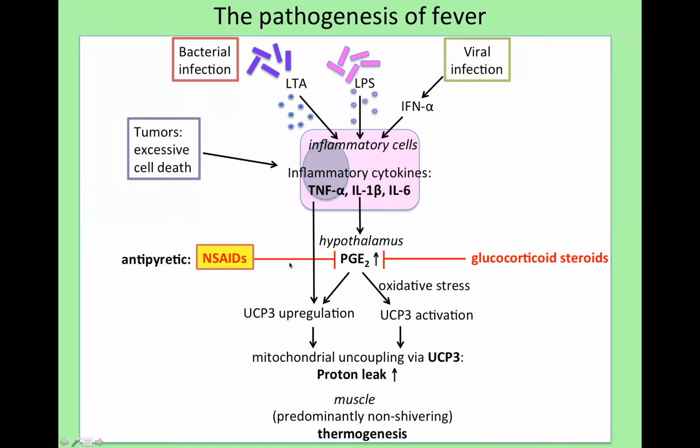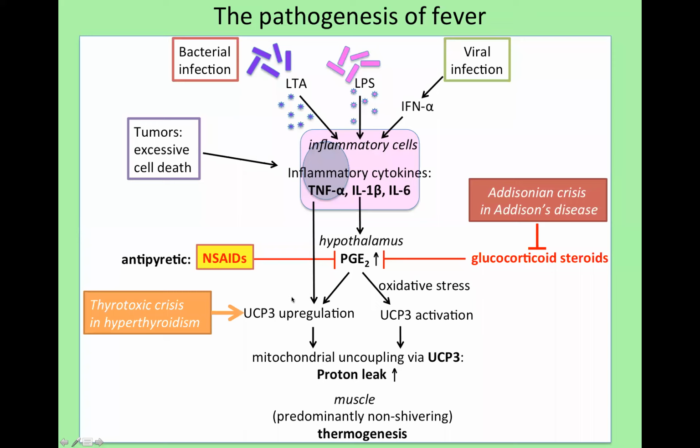There are the best antipyretics, non-steroidal anti-inflammatory drugs, and also glucocorticoids will reduce the fever. There are two diseases you've got to know: Addison's disease. In Addison's disease, a so-called Addisonian crisis may occur, which will be associated with high temperature, very high fever, because actually the patient will not have glucocorticoids in the body, and this one will not block the prostaglandin E production.